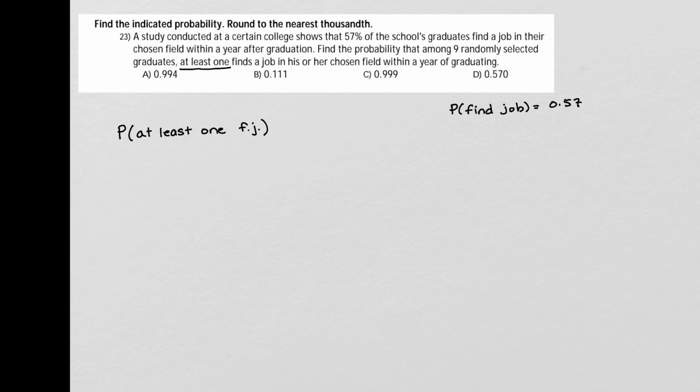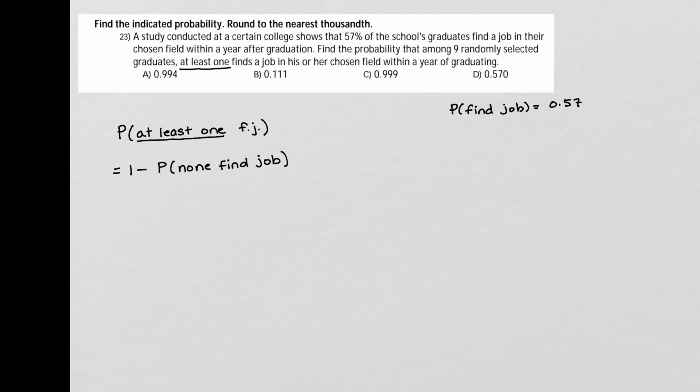To calculate the probability of at least one, we're going to use the formula that the probability of at least one success is 1 minus the probability of no successes. So none find a job. So we've got a large number of graduates.